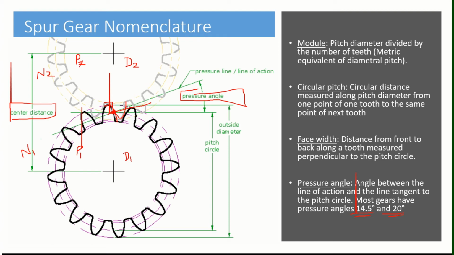So I'm going to cross out this 1 and 2 because the diametral pitch should be the same. So P should be equal to P, and based on the equation that P equals N over D, so diametral pitch equals the number of teeth divided by the pitch circle diameter. So N1 and D1, and P equals N2 over D2.